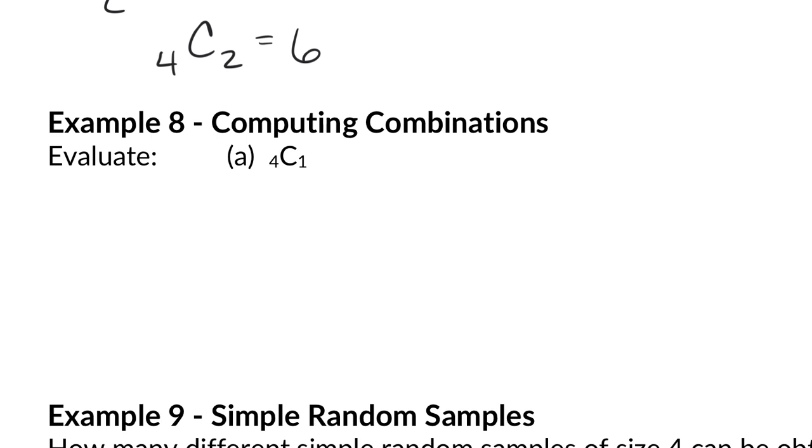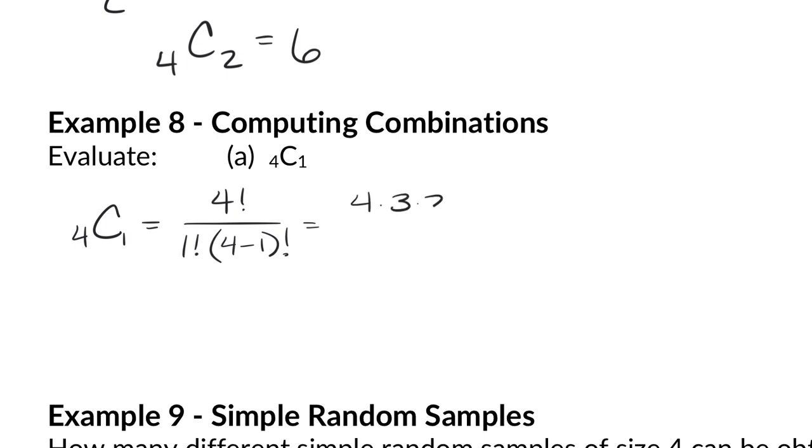The formula for 4 choose 1 will be the first number factorial over the second number factorial multiplied by the first minus the second factorial. So mathematically, what's happening? If we multiply all this out, this is 4 times 3 times 2 times 1.